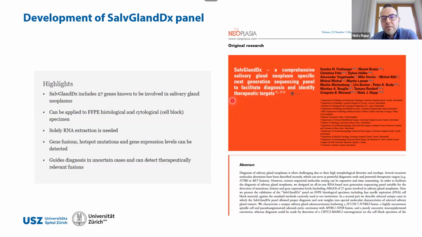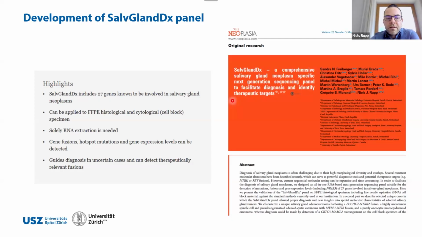And so we decided to design a salivary gland-specific panel, which can detect most of the known alterations with just one approach, which means that we only need RNA extraction of the histology or cytology specimen. So it can be used on histological, but also on cytological cell block, but also on smear specimens.